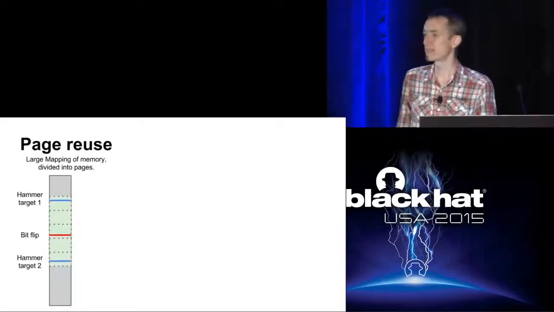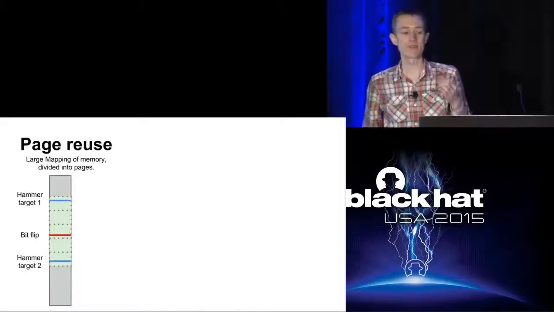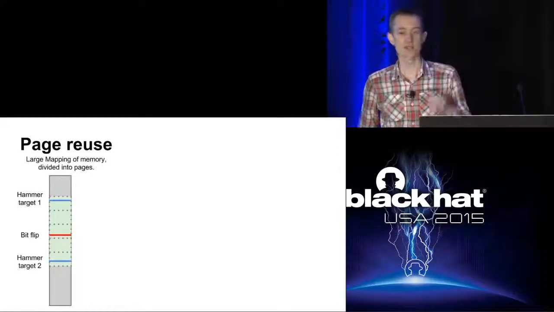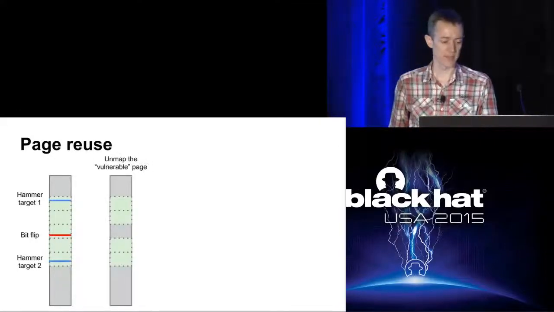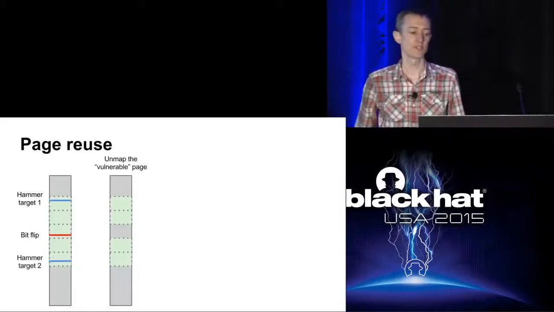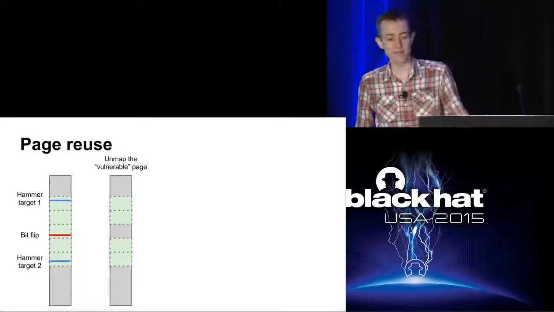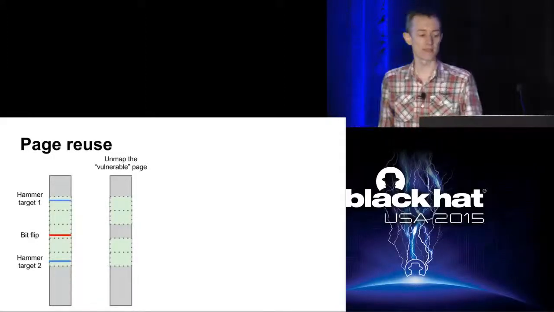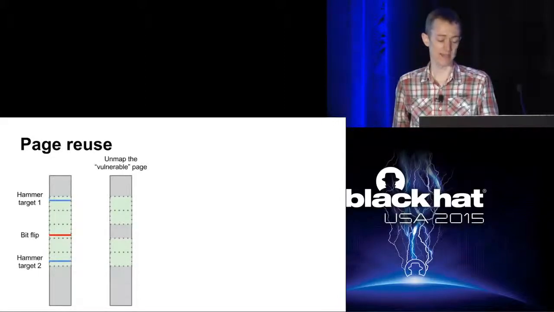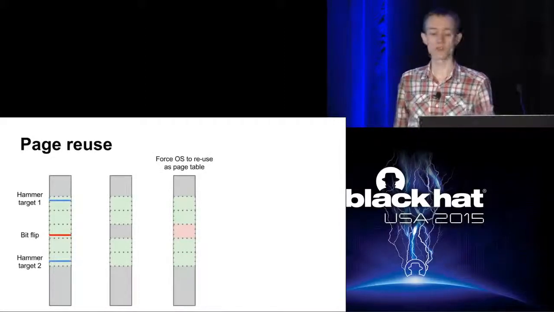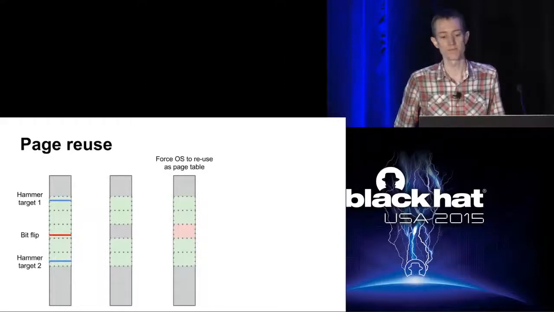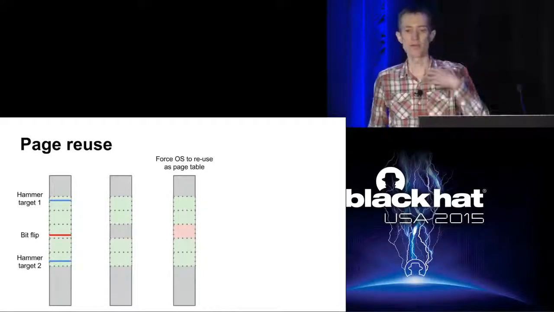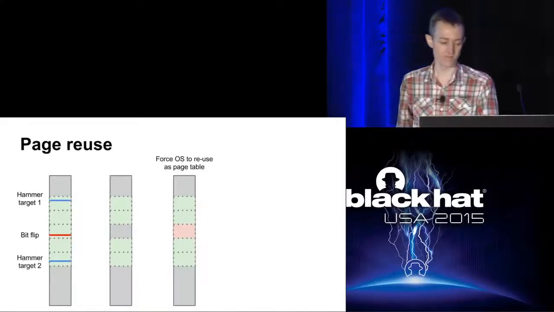So we can find a victim page that's got a bad memory cell at an offset that's useful to us. And then we can deallocate that page with munmap, hand it back to the kernel, while keeping our aggressor pages allocated. And then we can get the kernel to reuse that page as a page table, and then cause that memory cell to flip again.